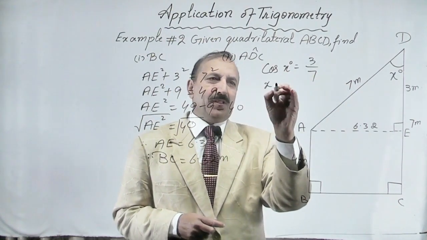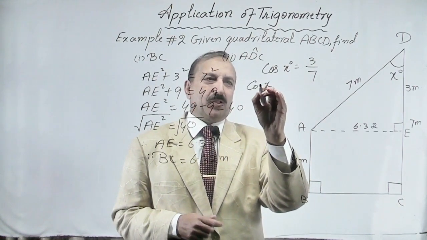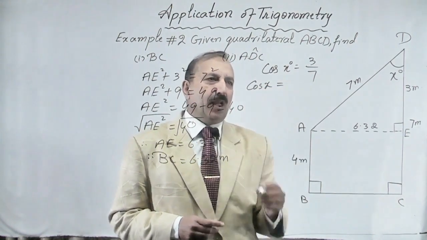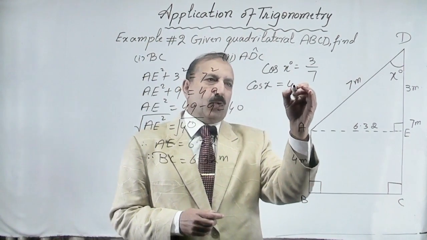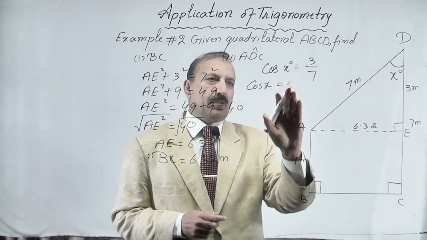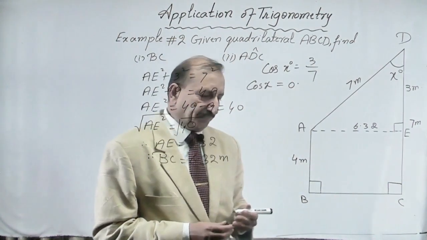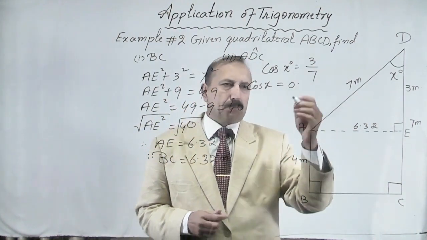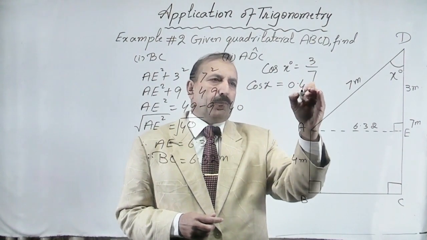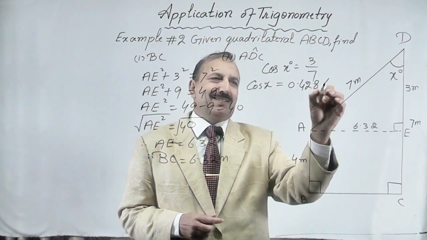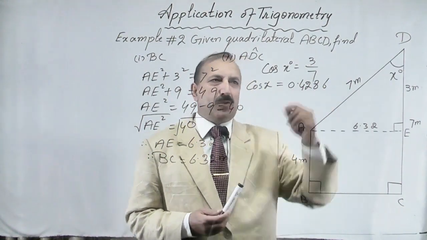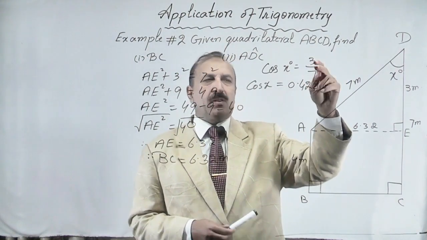And for x we need to write cosine inverse. If we divide 3 by 7, this is 0.4286, my dear students, when we divide with the help of a calculator or manually.